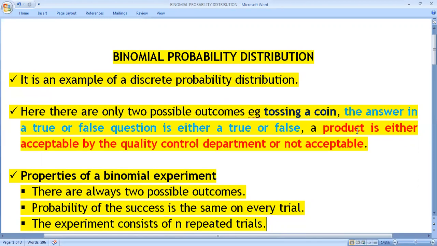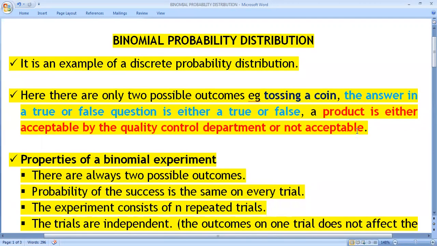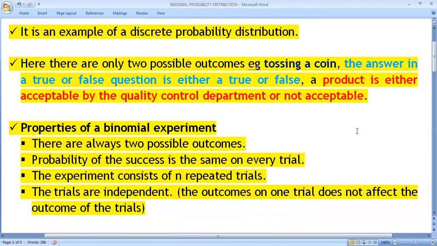The experiment consists of n repeated trials. The trials are independent. In other words, the outcome on one trial does not affect the outcome of the other trial. Those are the properties of a binomial experiment, and they are a must-know.